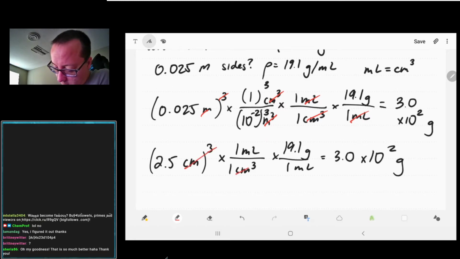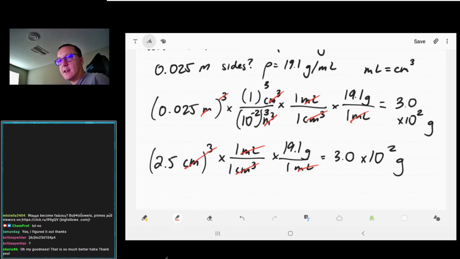Centimeters cubed, mLs, left with grams. In this case, we had to use scientific notation for our answer because we needed to express the number 300 with 2 sig figs.